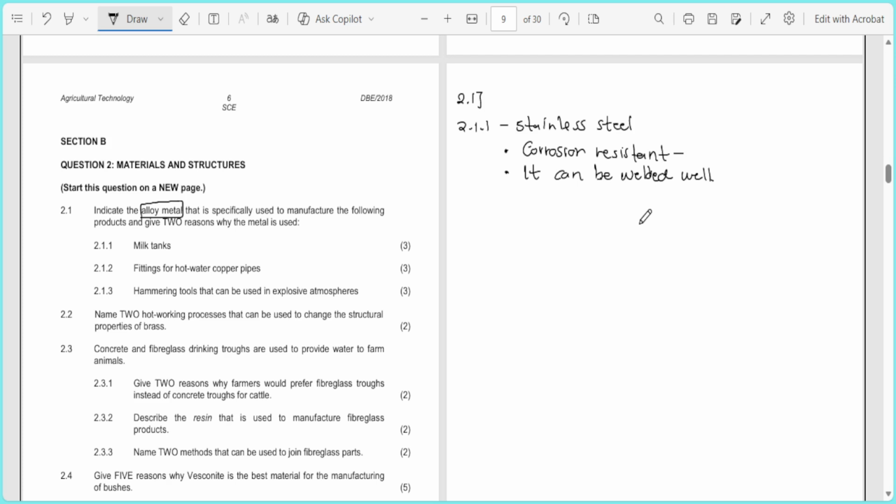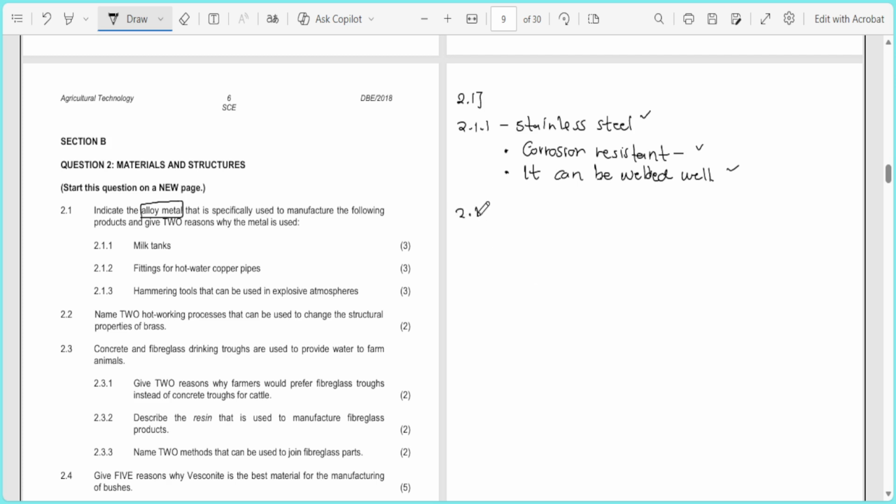So when welded, stainless steel makes sure that bacteria or contaminants coming from the outside environment don't have any holes or cracks they can seep through in the welded parts of the stainless steel connections for the milk tanks, right? So here are your 3 marks for providing the answer and the 2 reasons.